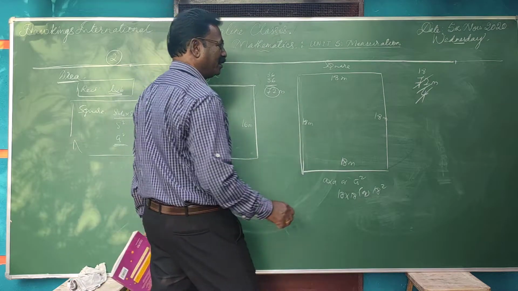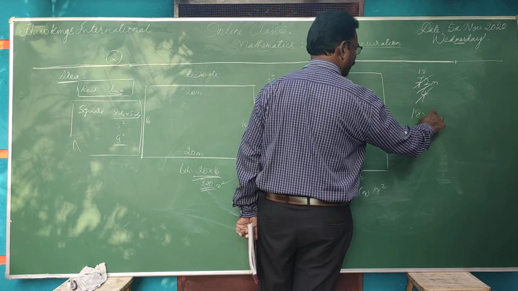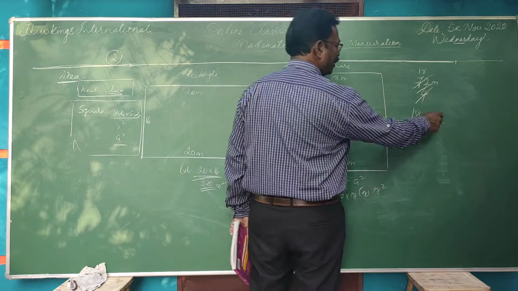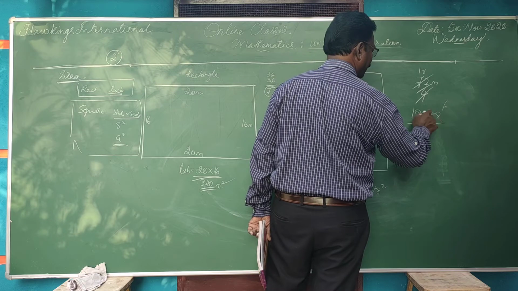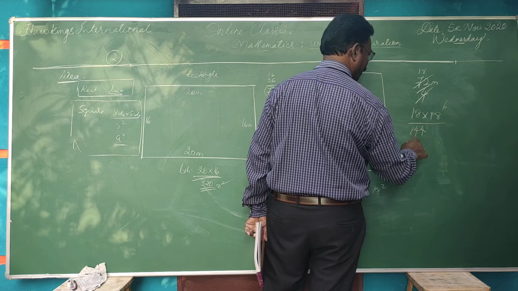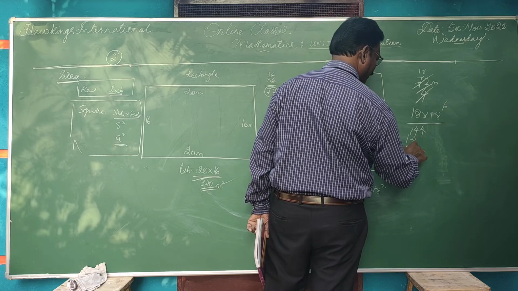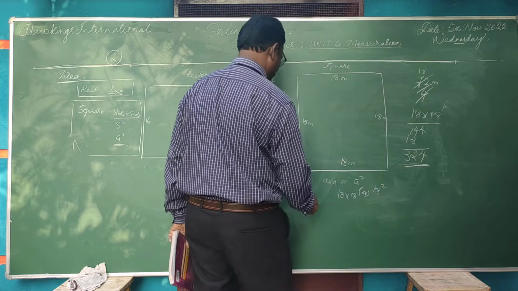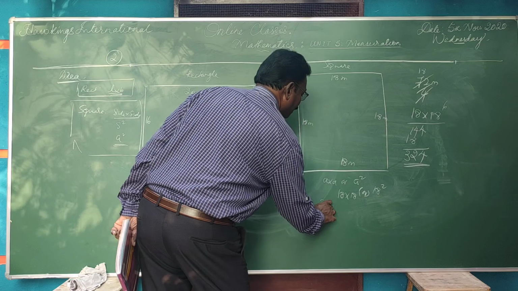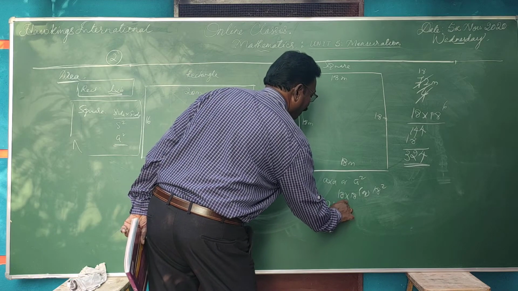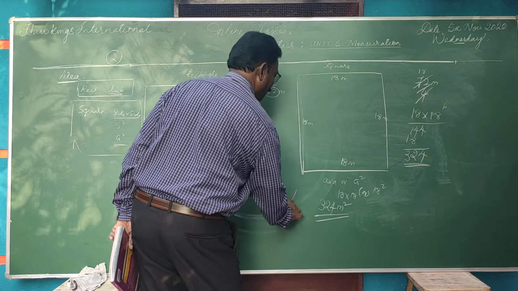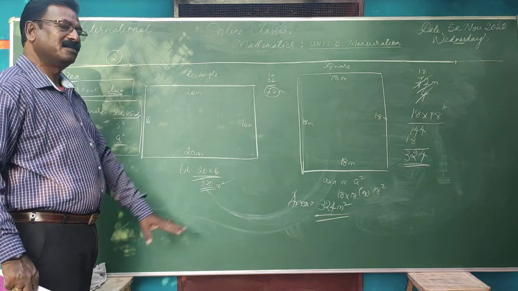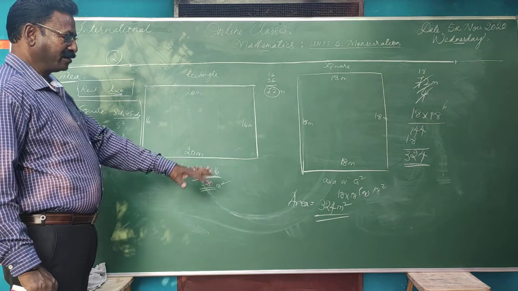What is 18 into 18? You can multiply. 8 8s are 64. 6 remaining, 8 1s are 8 plus 6, 14. 1 18s are 18. 4, 2, 3. 324 meters square. So which is greater?